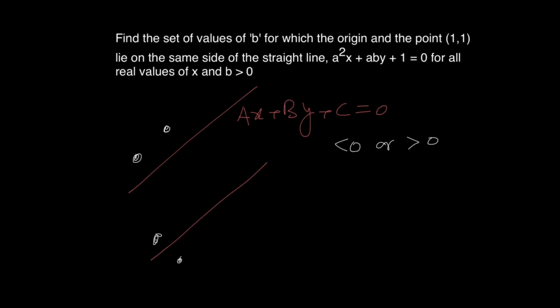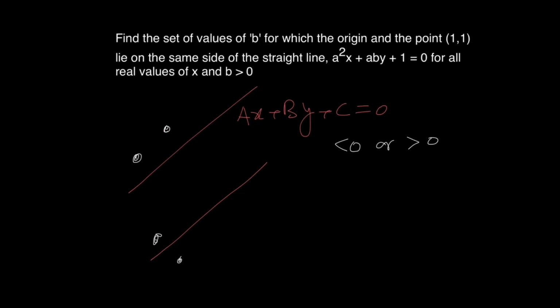Now if we put the coordinates of the points into the line, then if one of the values is positive, the other value will be negative. Whereas in the previous case, if one value is positive, the other will also be positive, and if one is negative, the other will also be negative.